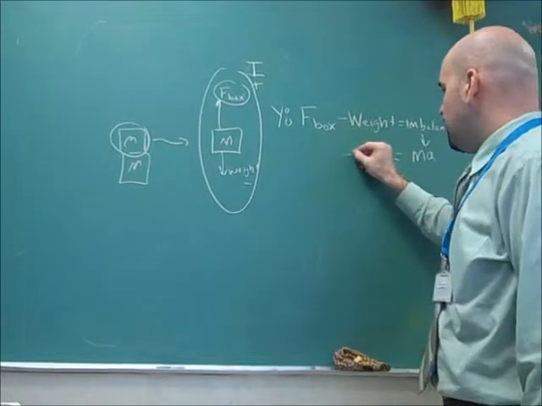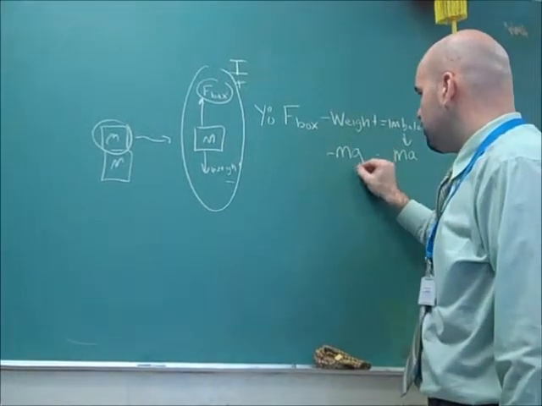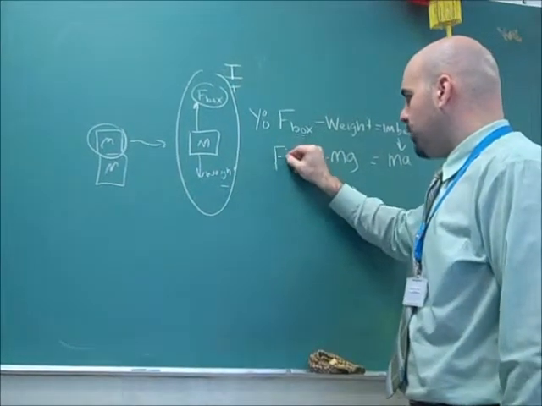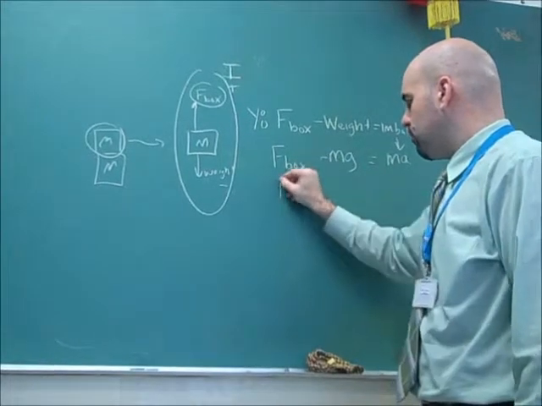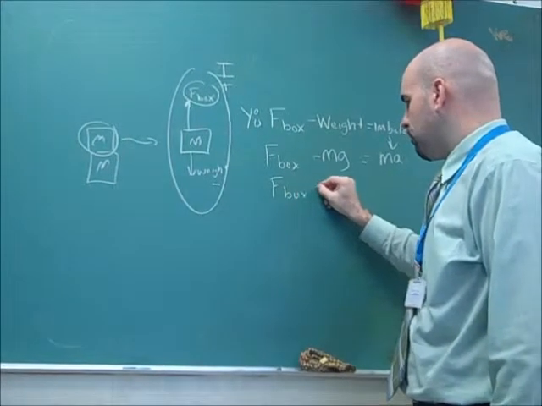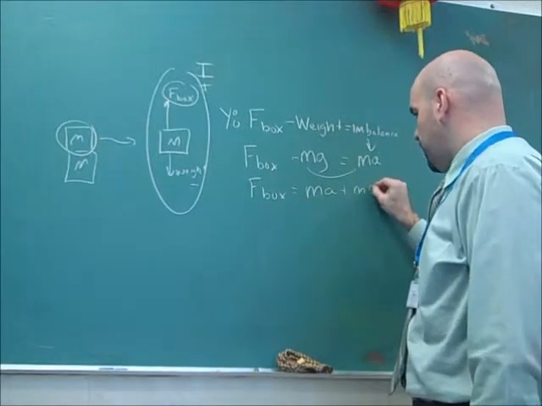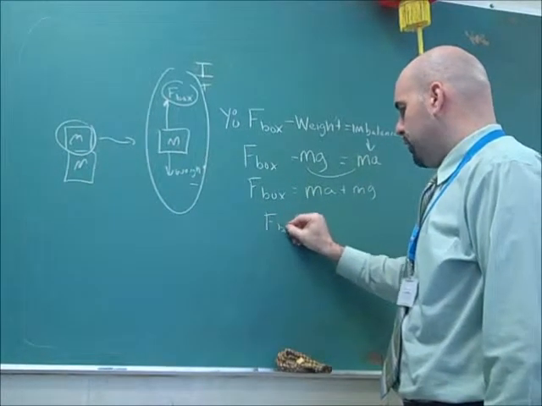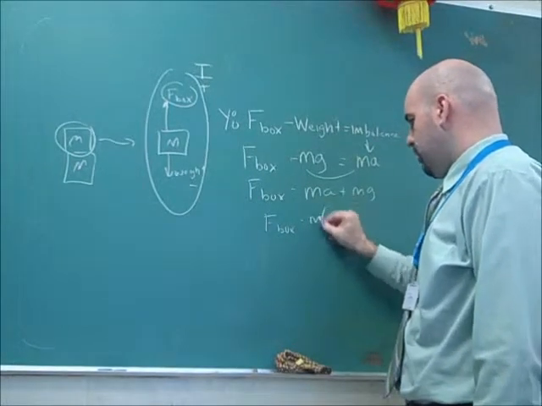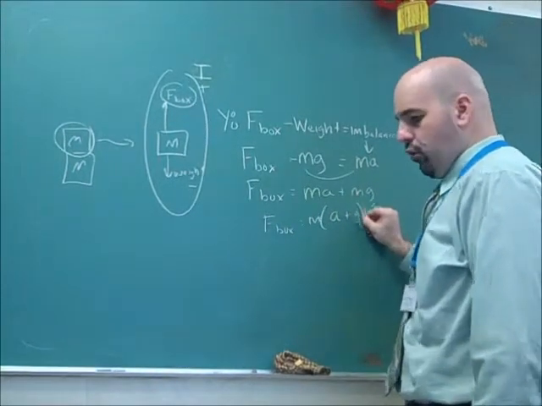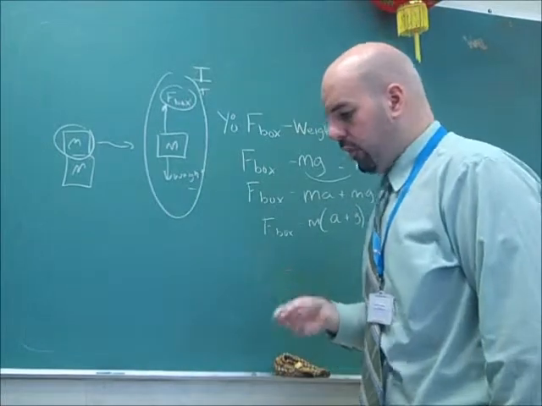The weight is represented by a mass times gravity. And the force of the box is what we're trying to find. Let's move this over. MA plus MG. And then we take an M, factor it. Congrats, we just solved for letter D.